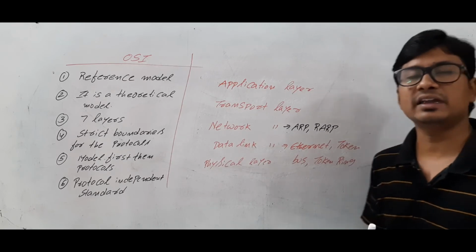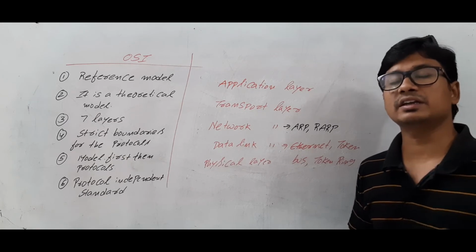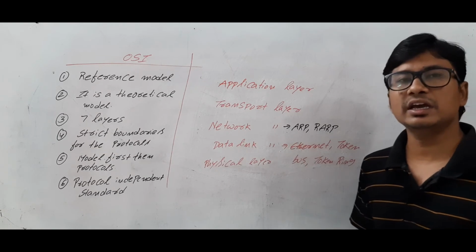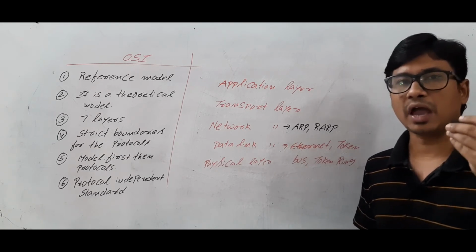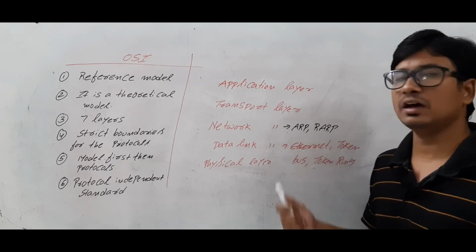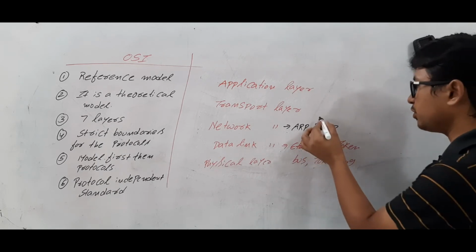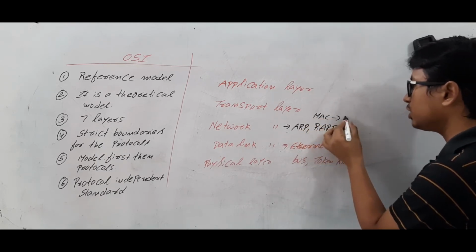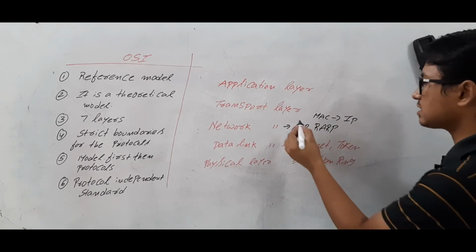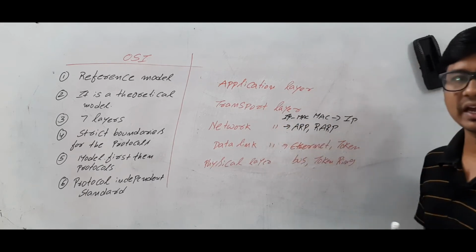ARP is Address Resolution Protocol and RARP is Reverse Address Resolution Protocol. Are you able to understand? If you have the IP address and you want to find the MAC address, the ARP protocol is useful. With RARP, if you have the MAC address and you want to find the IP address, we use RARP. Whereas ARP is used if you have the IP address and want to find the MAC address.